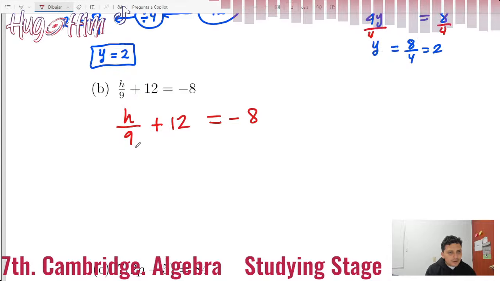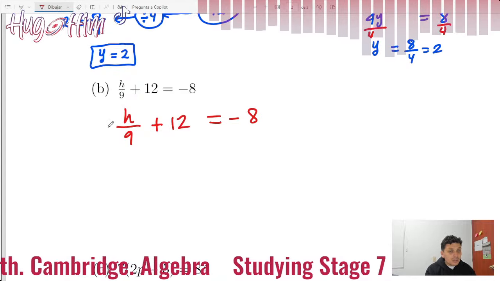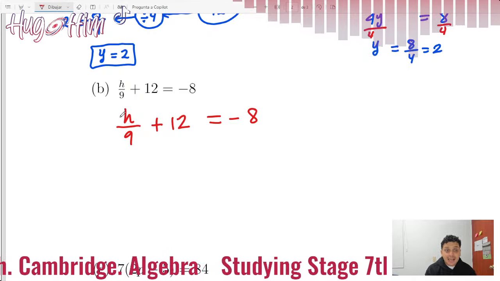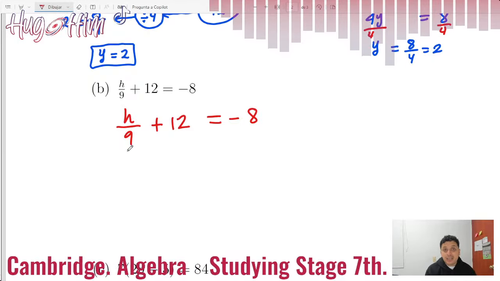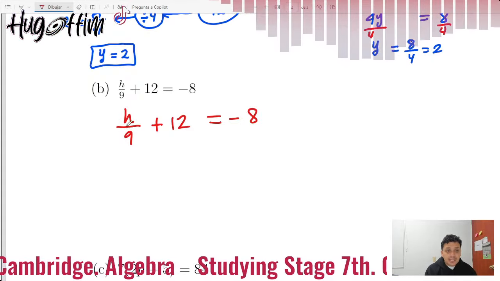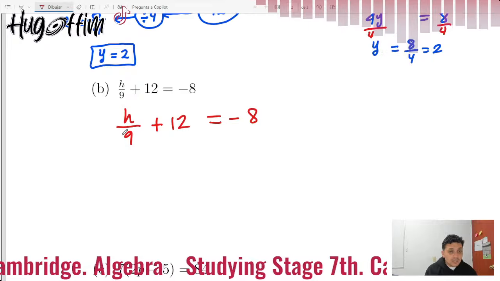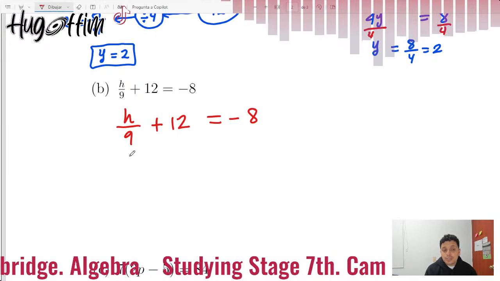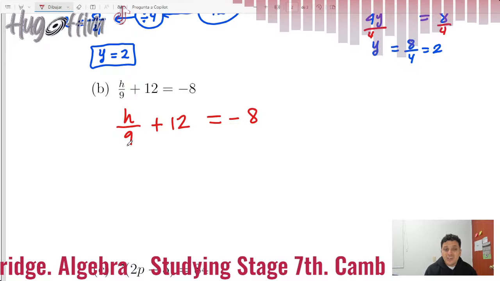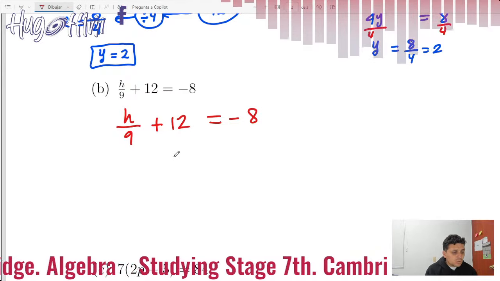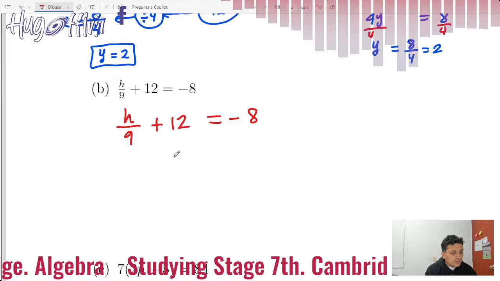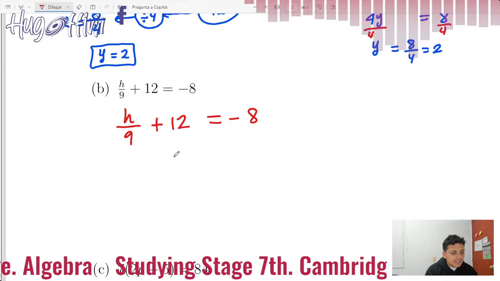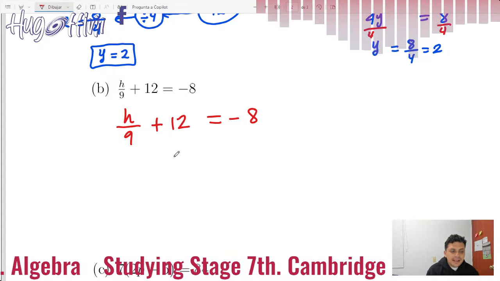So what is the operation that represents a fraction? Division. So it means that I have to take h and divide it by 9. So if you're going to start the function machine, it should start by telling you divided by 9. This will be when you work on 4b. Mr. Juan Diego, I think that I answered your question.